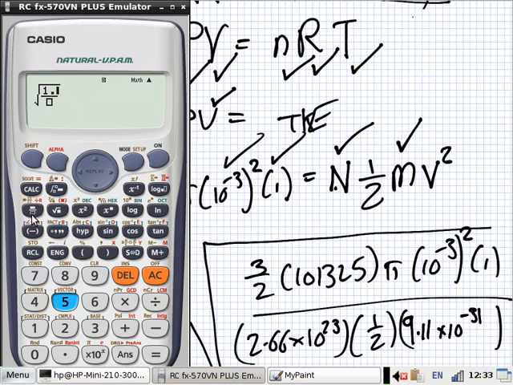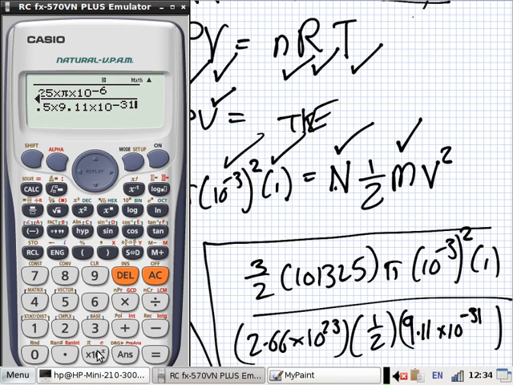1.5 times 101,325 times pi times 10 to the power of minus 6, over 2.66 times 10 to the power of 33 times a half times 9.11 times 10 to the power of minus 31. Before I press enter, are we thinking big or small answer? You're thinking small because the current is off.